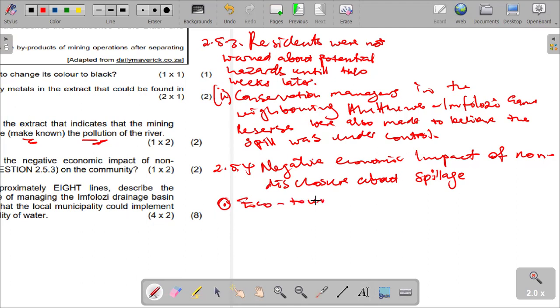Ecotourism being affected. We are saying our ecotourism is going to be affected because the responsible authorities are not aware. We also need to talk about future investment in the community being limited because people are afraid.